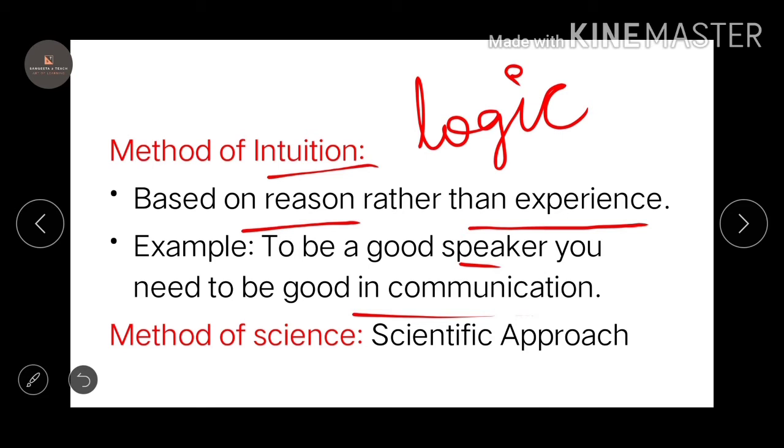Okay, if a person has to be an accountant, he has to be familiar with accounts. I can't get a pharmacy student doing accounts, right? So there is a reason for what they are doing. So it is the method of intuition, which is based on reason rather than experience. There should be some logic in it. The method of science is nothing but a scientific approach, like how you do research in a scientific way.